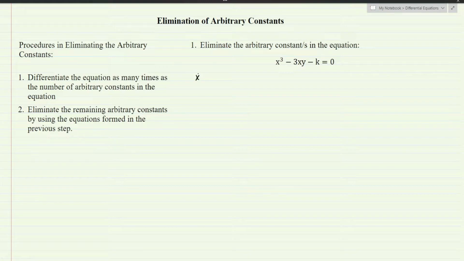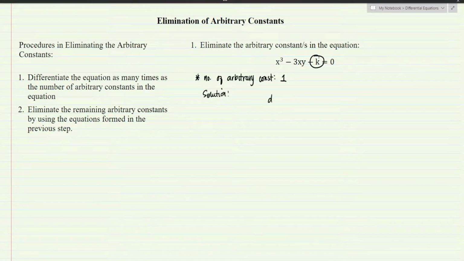For the first step, let's determine the number of arbitrary constants. By looking at the equation, we can see here that we only have one, and that is the term containing k. Now for its solution, we will only have to differentiate this equation once. So I will apply the differentiation in every term.